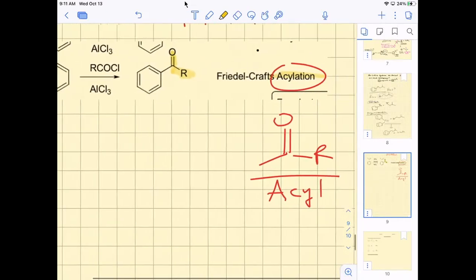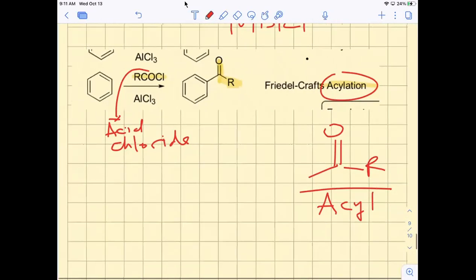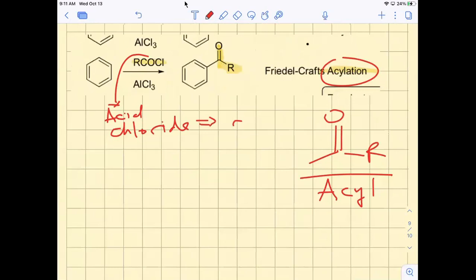Right? So with the Friedel-Crafts acylation, you're going to start with an acid chloride. That's one of my starting materials. All right, it's a very reactive functional group.